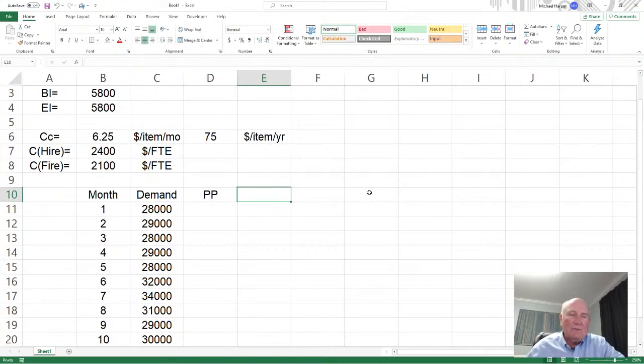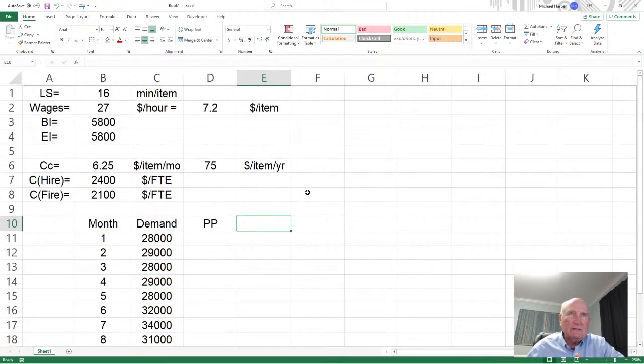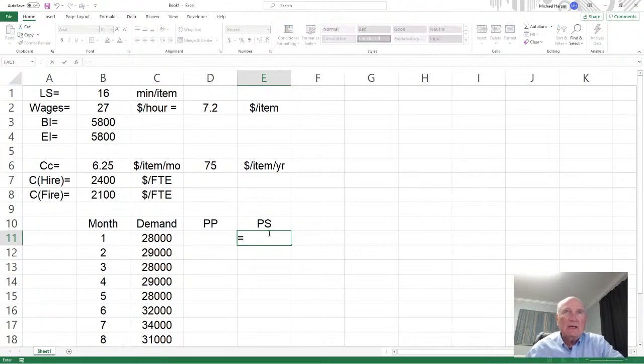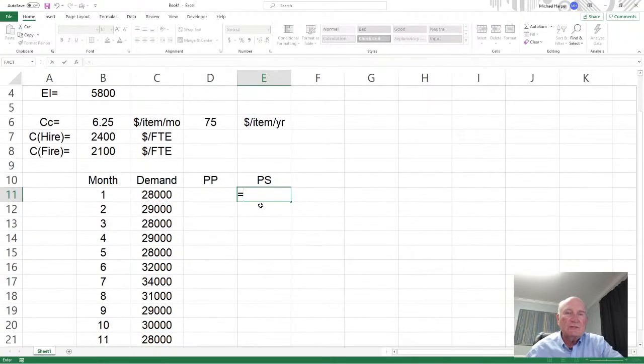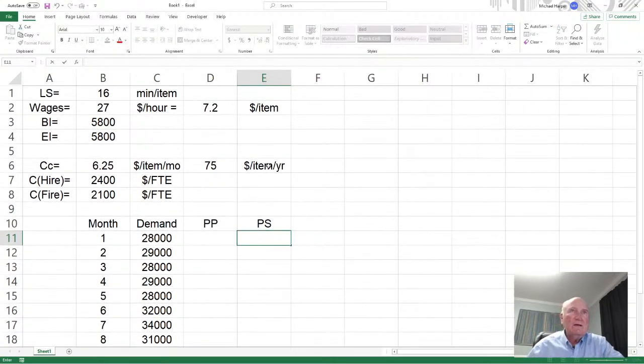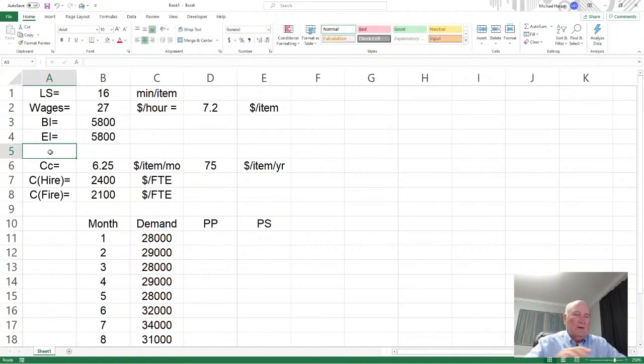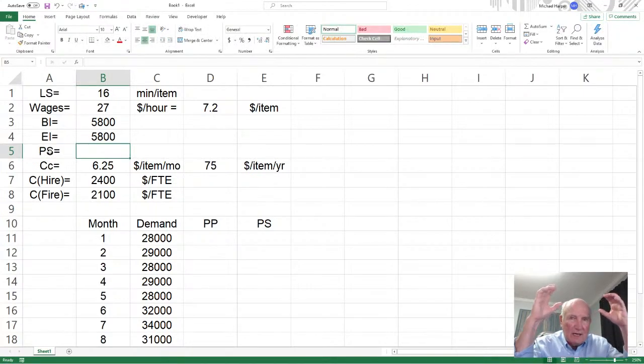To get that, we're going to need our FTEs. Actually, let's bring our production standard in here. What's our production standard? We don't have it, so we've got to calculate it. Remember, our production standard is the FTE time over the labor standard.